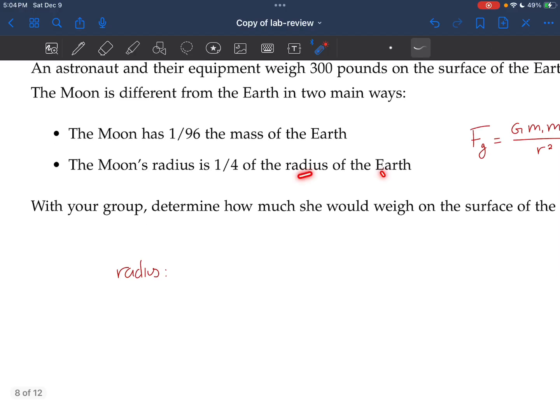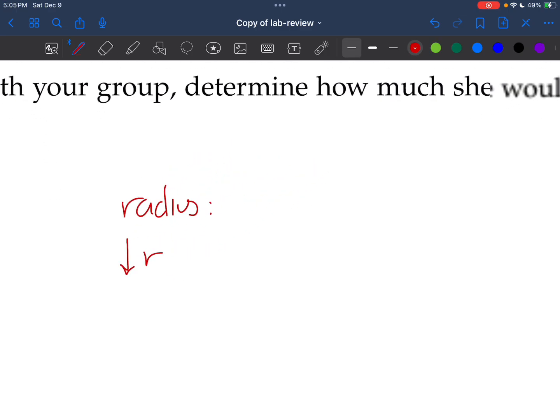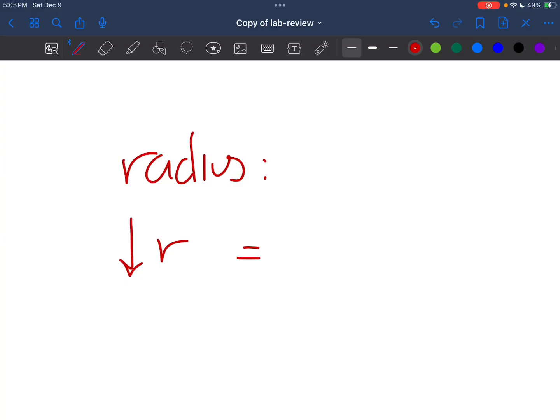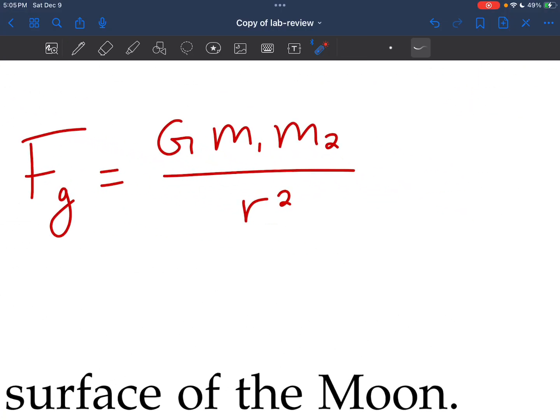All right, so if I'm taking the Earth and I decrease its radius, I'm keeping the mass the same for right now. We're just thinking of it step by step. If I'm just decreasing the radius, I want to know what that's going to do to my force of gravity. All right? So I come up to my equation. If I'm decreasing my radius, I'm making this denominator smaller.